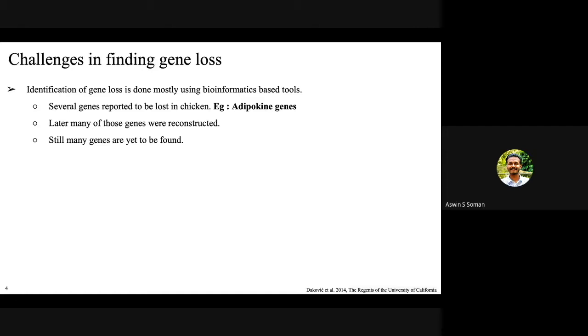Rather, it was because the genomes of birds are in general more compact, and the inability to find those sequences was due to limitations in properly sequencing their genome, and there are still several genes that are missing and yet to be found, adding to the challenges of finding gene losses.